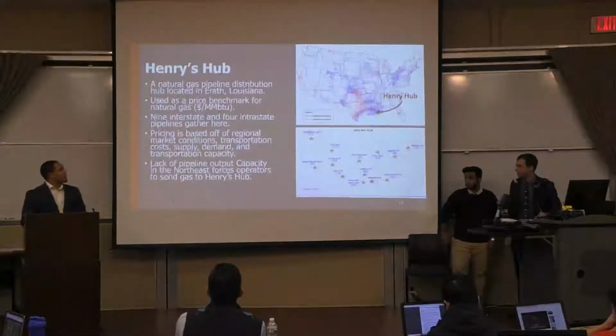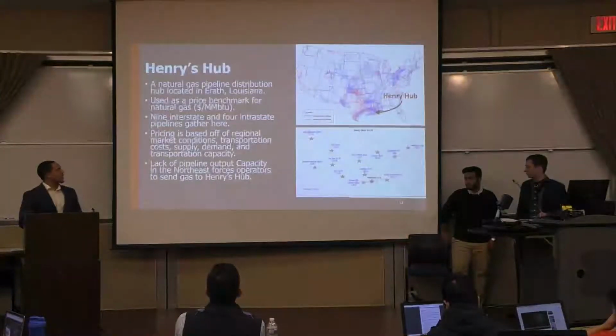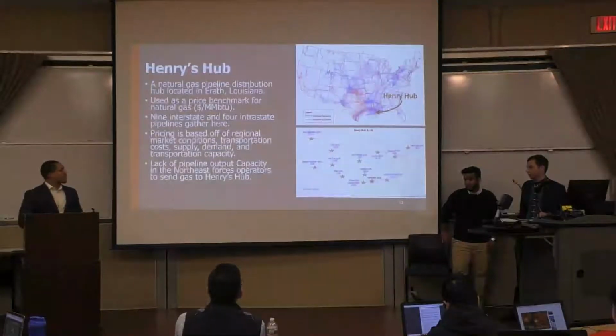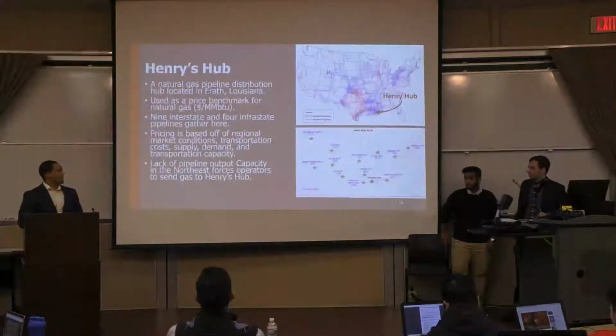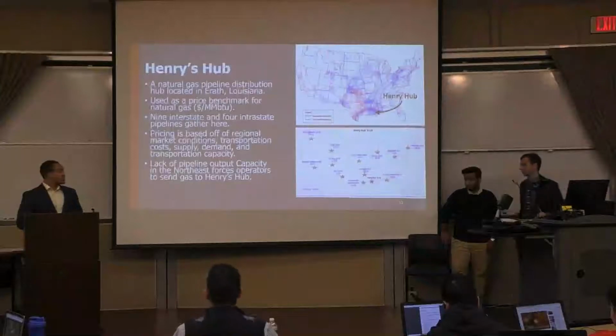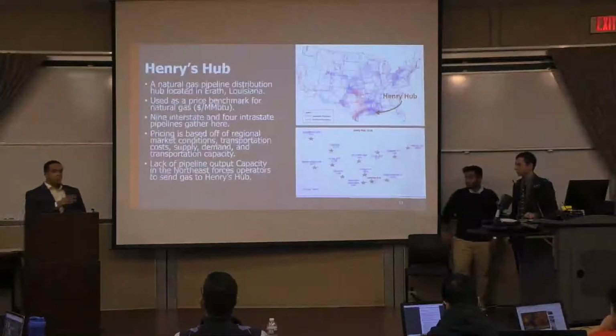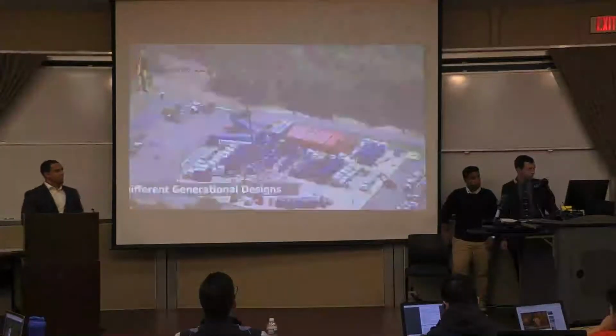Henry Hub has 9 interstate pipelines and 4 intrastate pipelines that gather there. Their prices are based off of regional market conditions, transportation costs, supply, demand, and transportation capacity. Unfortunately, in the Northeast there's a lack of pipeline output, so the operators are forced to send their natural gas to Henry Hub. With that, I'm going to send it back to Jay.